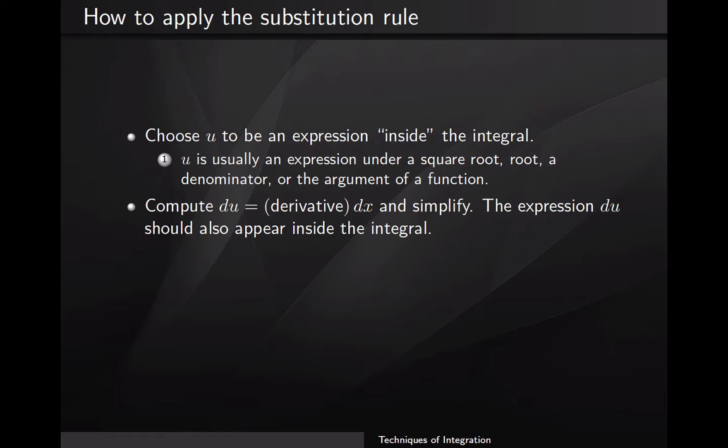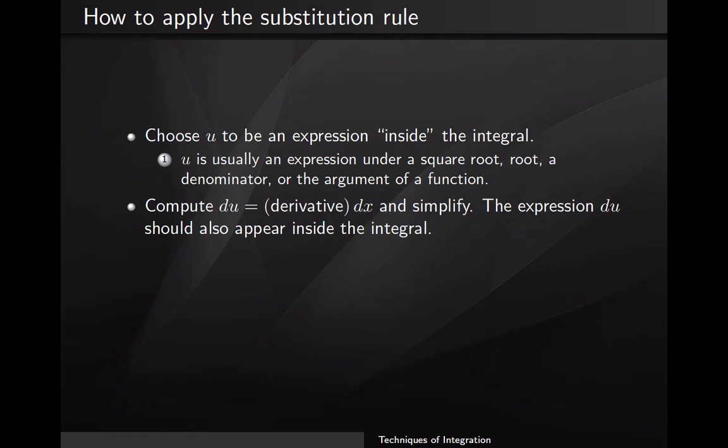That's why you need to know the rules of differentiation, so you'll be able to find this second part. The du will be whatever the derivative is, and you multiply by dx. Don't forget to put the dx here. I have seen many people forget to put the dx at the end. That's also important because notation is important here.